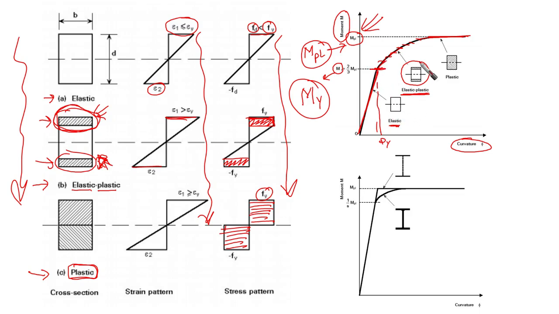After yield, some part of it yields, and after that it reaches a certain level where the entire section is under yielding, in the plastic range. F yield always controls the stress. The strains here reach and exceed the yield strain, as you can see we are going in this direction, so our strain exceeds the yield strain, or the curvature, if we're talking about the curvature here.